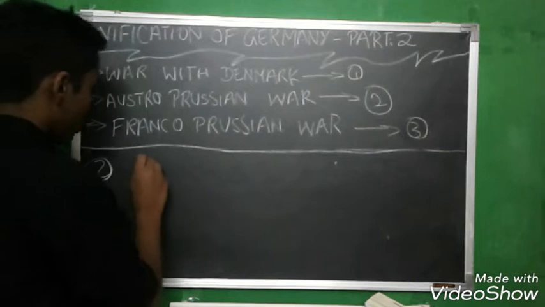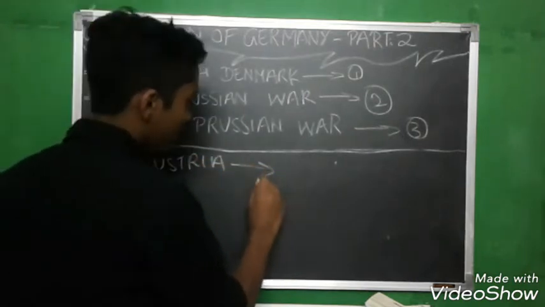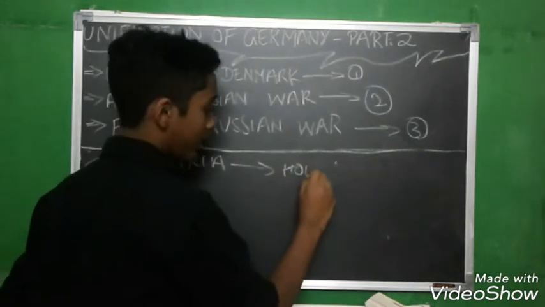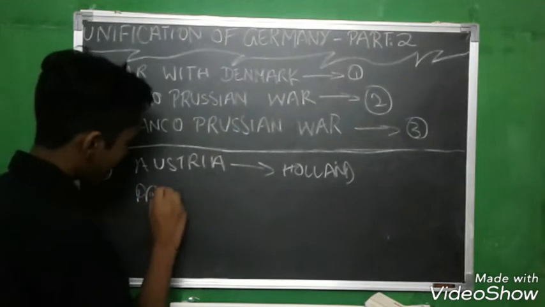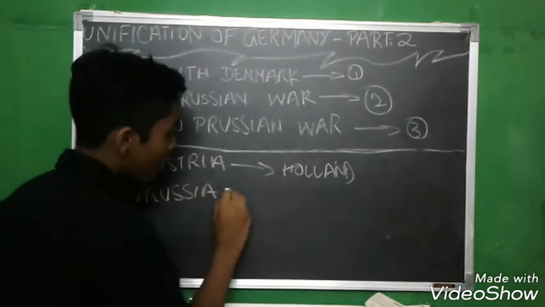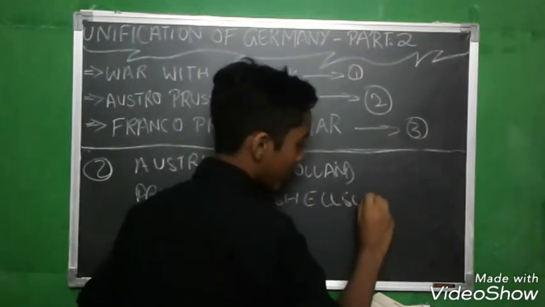As I told you, Austria was given Holstein, and Prussia was given Schleswig.